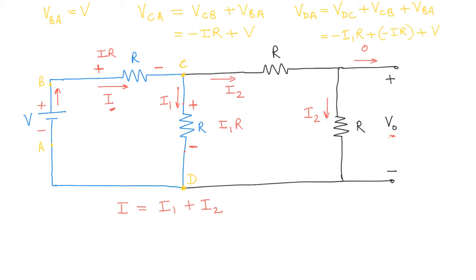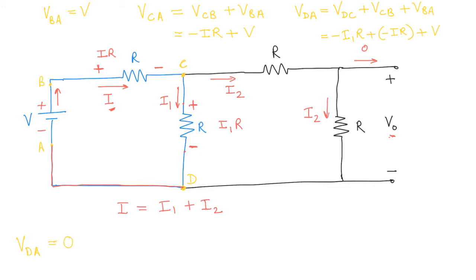So that is VDA. But notice that this point D is the same as point A, right? Why is that? Because in the circuit, they're just connected by a wire. There's no component in between. So these are actually equipotential points. So in a sense, there is no difference between the voltage of A and D. So VDA is actually 0.